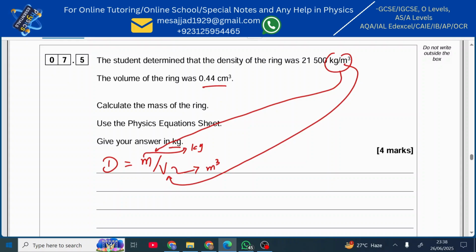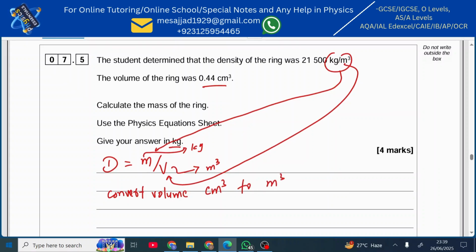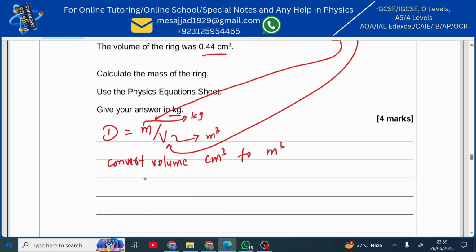So first of all, you have to convert your volume into cubic meters. Convert volume from cubic centimeters to cubic meters. For that, 1 meter is equal to 10 raised to the power 2 centimeters. So 1 centimeter is the inverse of it.